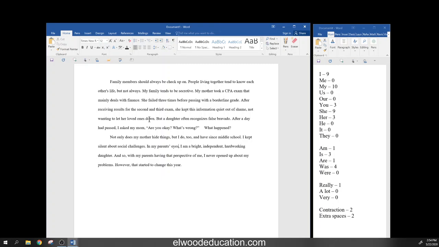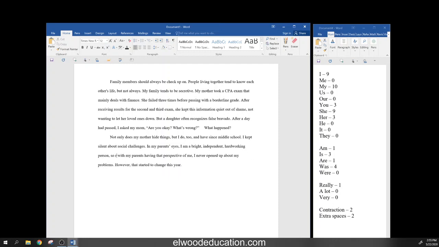In my parents' eyes, and notice now I have parents as a plural possessive because it's both of them. In my parents' eyes, I am a bright, independent, hardworking daughter. And I might say person, so I don't say daughter another time. And so with my parents having that perspective of me, I never opened up about my problems. However, that started to change this year. So I could combine these sentences. In my parents' eyes, I am a bright, independent, hardworking person.